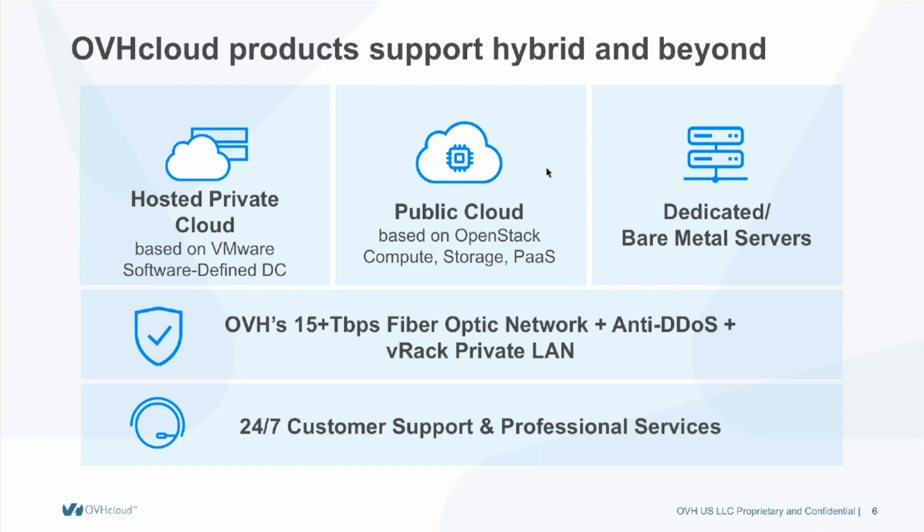We have the ability with a piece of technology that's proprietary to OVHcloud, called VRAC, to make workloads that are in different data centers or within the same data center but on different products appear to each other in the same layer 2 space. Now, we support all of these products together with 24/7 white glove customer support and professional services.